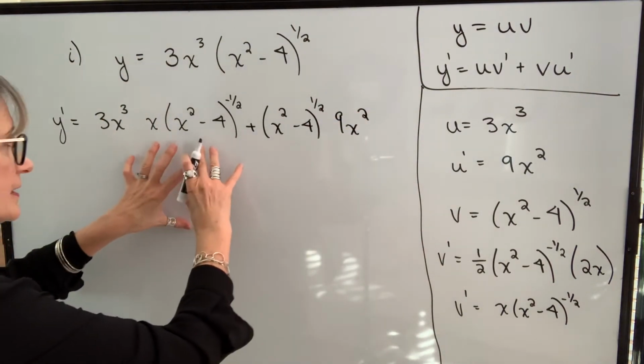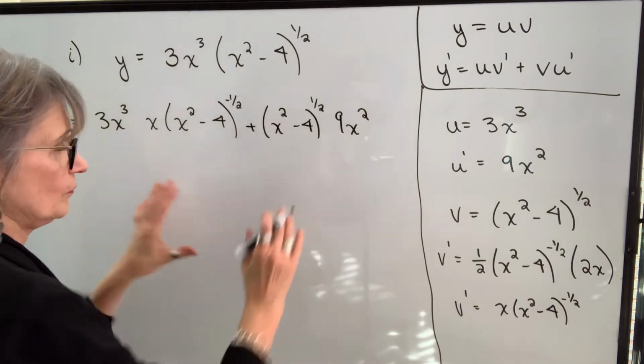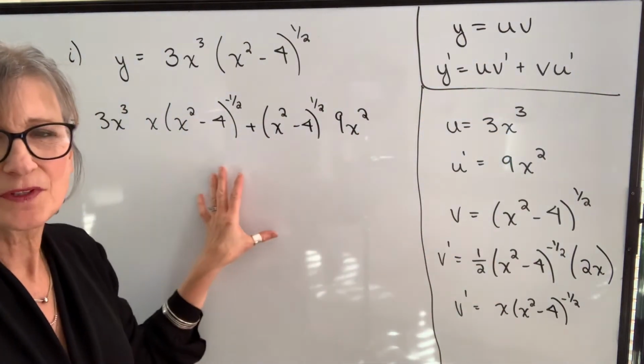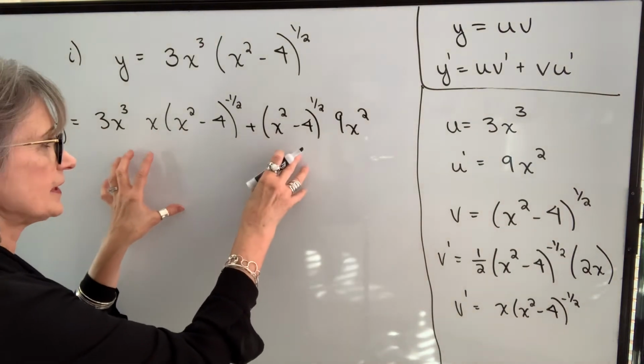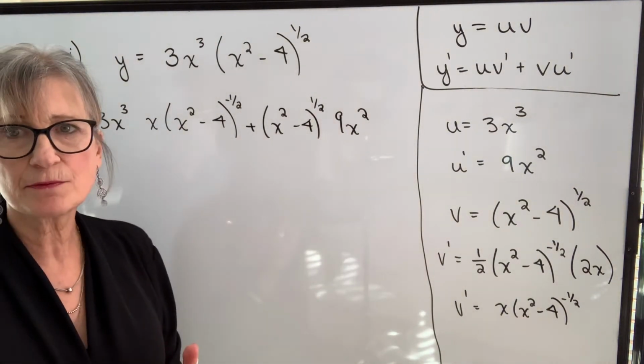Once students have this figured out, plugging into the formula is not too bad. Where I see students have difficulty is trying to simplify this, and there's two ways we can approach it.